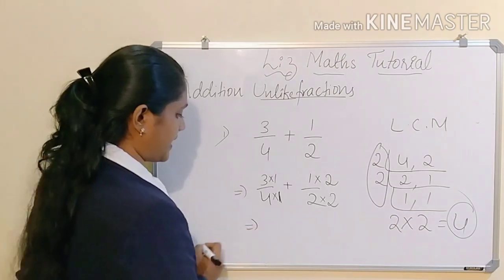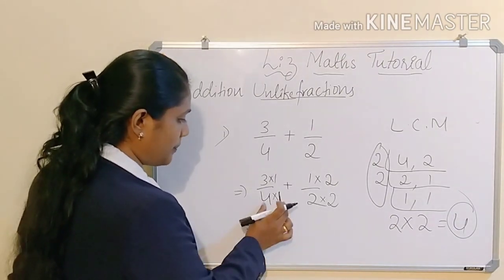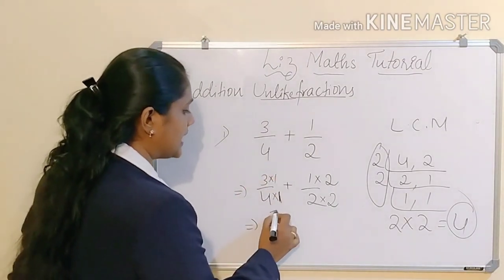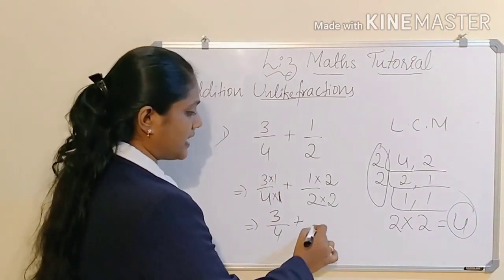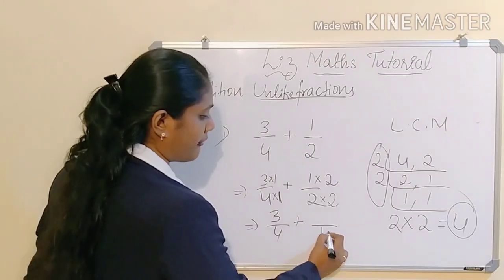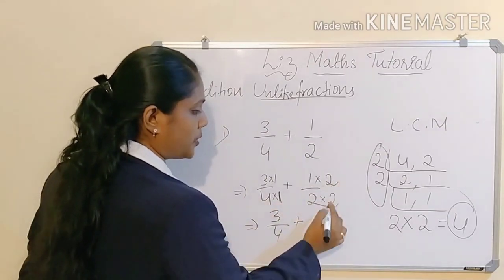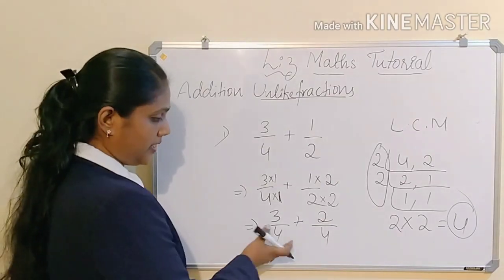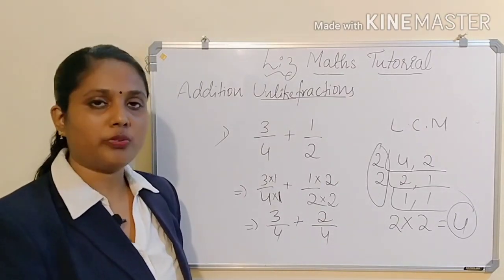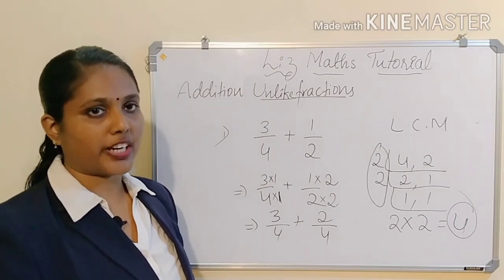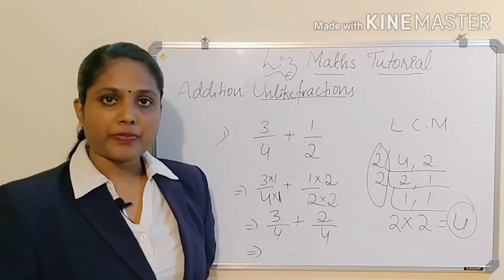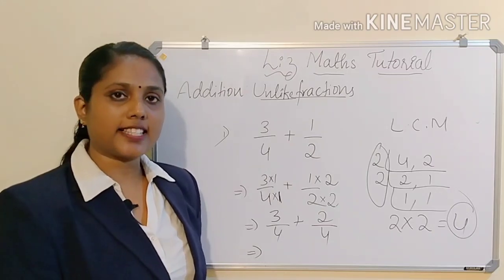So here, what gives this next? In the denominator, 4 ones are 4 you are getting, and 3 ones are 3, plus here 2 twos are 4, 1 into 2 gives 2. Got it? Now this is in the form of like fractions. Now you know how to do the like fraction addition, isn't it? So once you make it the form of like fraction, then it is easy to add.